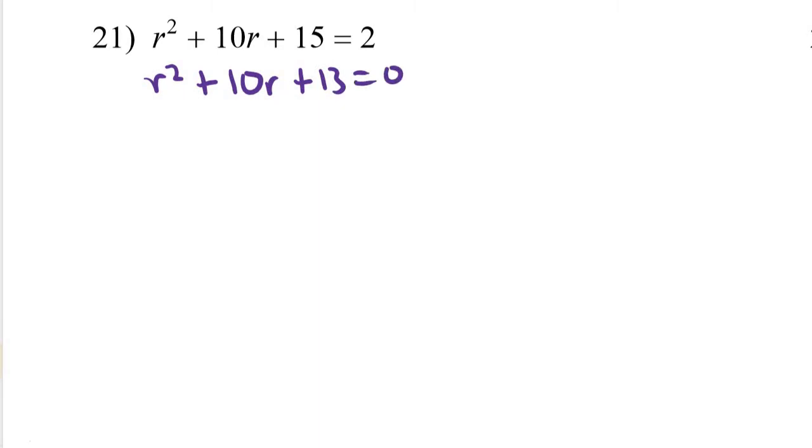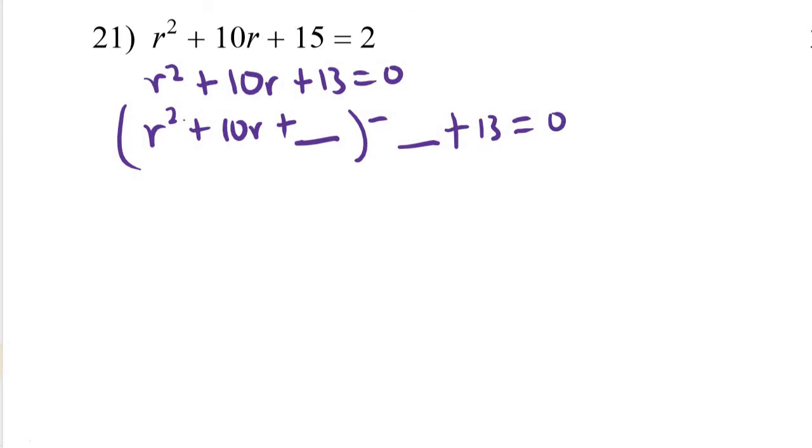So now we're going to complete the square like we did before. So r squared plus 10r, plus something, and then minus something, plus 13 equals 0. So the thing that we're going to subtract is 25.